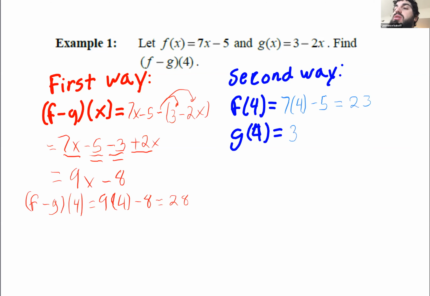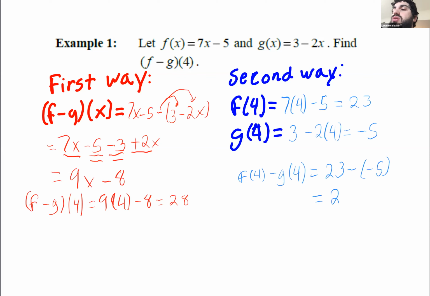Okay, let's see what we get here. 3 minus 2 times 4. 2 times 4 is 8. 3 minus 8 is negative 5. Now f of 4 minus g of 4, which is the same as saying 23 minus a negative 5. So negative turns into a plus, so that's 28.